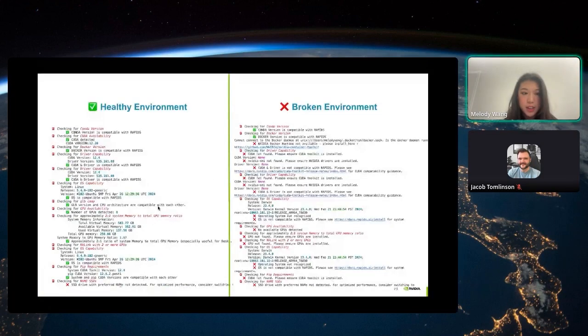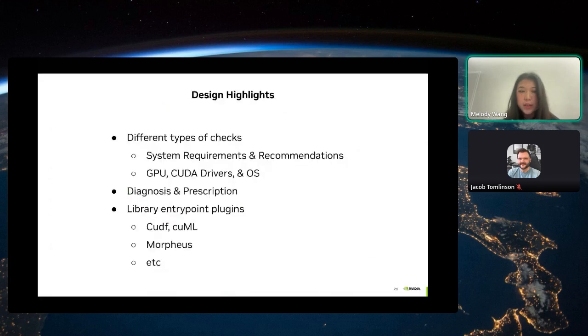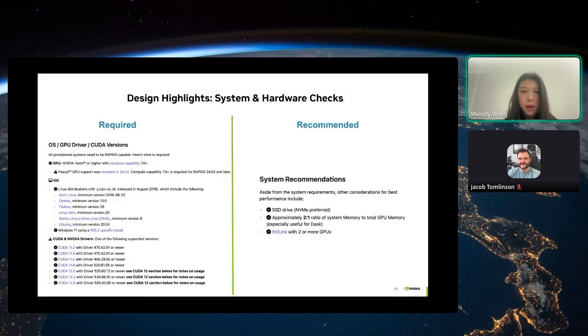Yeah, as you can see here, there's a lot of difference between a healthy environment and a broken environment that Rapids Doctor diagnoses. It serves to ensure that hardware and software environments meet the foundational requirements for Rapids. There are a bunch of system requirements and recommendations. It checks that required hardware, drivers, and OS are compatible and recommended compute capabilities are met.